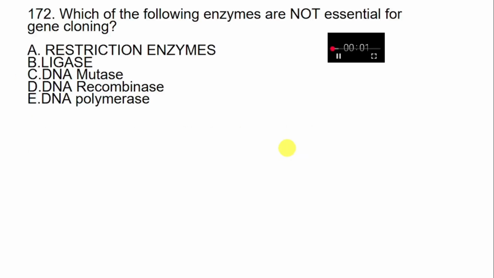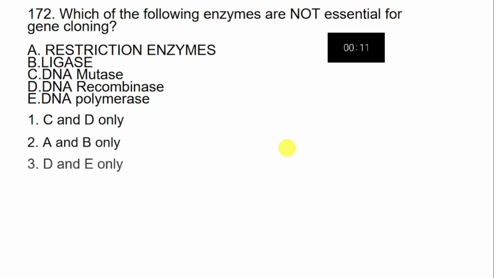Next one. Which of the following enzymes are not essential for gene cloning? For cloning, restriction enzymes are definitely needed. A will not be in the answer because we are looking for not essential. So strike out A. Ligase is also needed, so strike out B. Mutase is not needed.